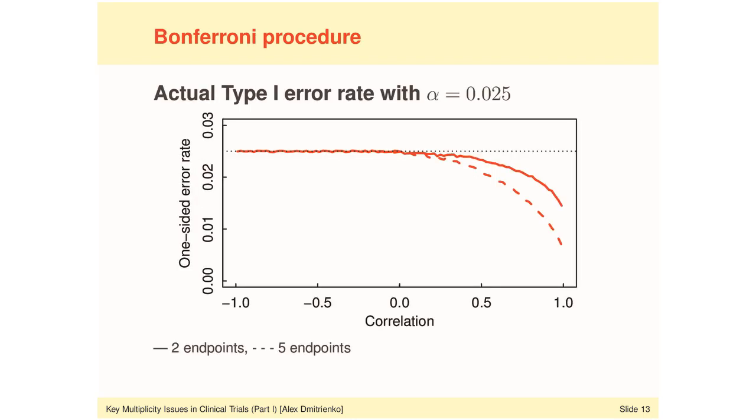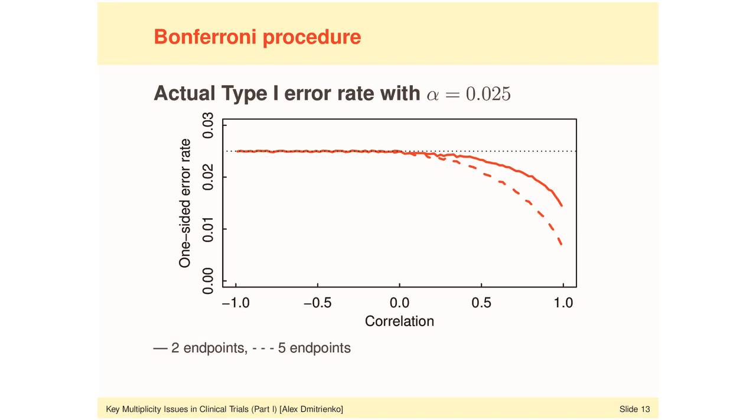The plot on slide 13 shows the actual family-wise error rate for the Bonferroni procedure as a function of the common correlation coefficient, as a function of the true correlation among the endpoints in this multivariate problem. First of all, the actual error rate for the Bonferroni procedure is exactly 0.025 when the common correlation coefficient is negative.